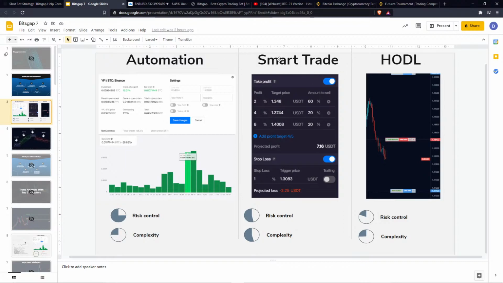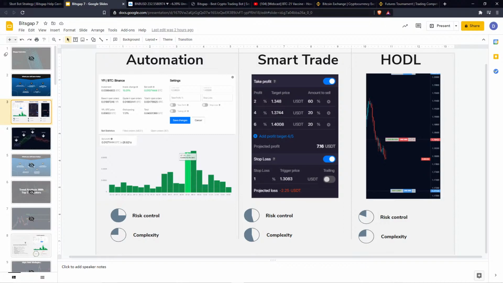In the smart trade, you can create your ultimate combination of using the different orders that there are, like the stop limit, stop market, multiple take profits, so that you can generate bigger returns for a minimized risk.